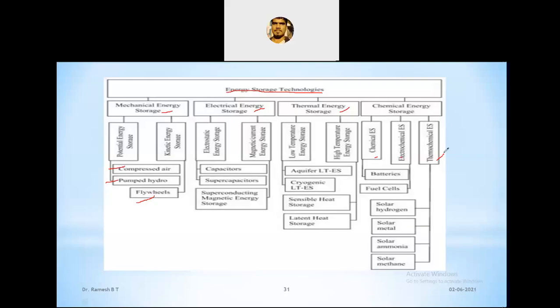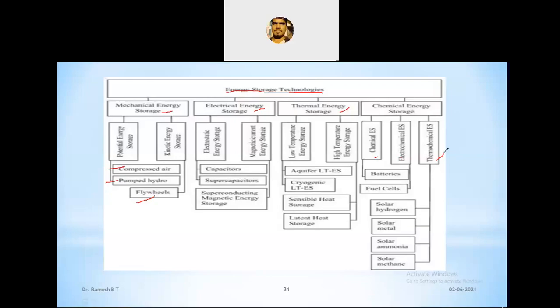If it is electrochemical, it means fuel cells. Fuel cells are another type of energy storage system. And thermochemical energy means solar hydrogen, solar metals, solar ammonia and solar methane. These are the different substances or materials used to store energy.